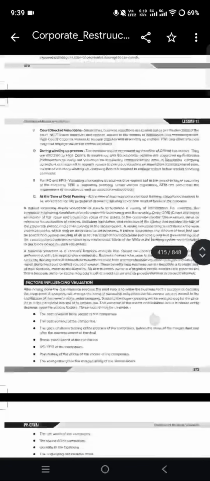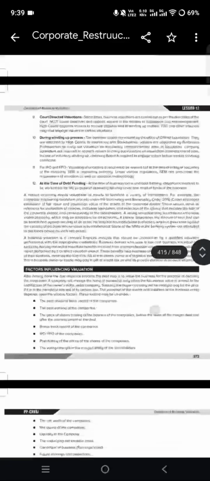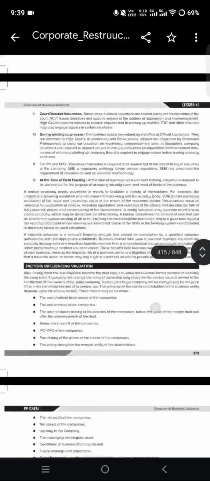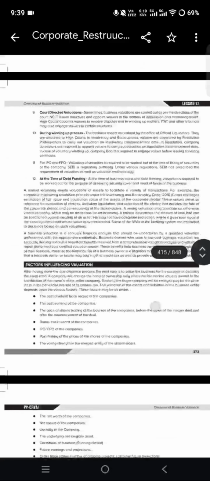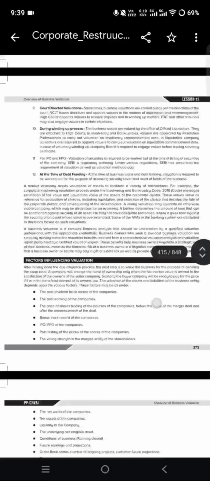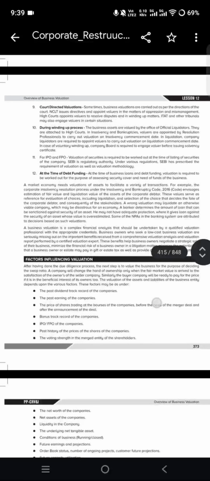Fourth, not undertake valuation of any asset in which he has a direct or indirect interest, or becomes so interested at any time during 3 years prior to his appointment as a valuer, or 3 years after the valuation of assets conducted by him. So 3 years before, 3 years after. This is the only provision where not only before, even after will be considered.